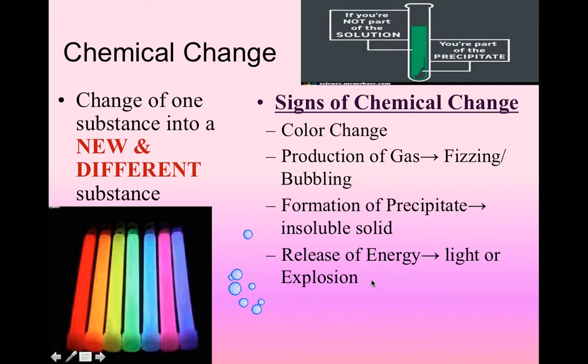Inside there's a little glass tube, and you have to break it. It releases a chemical and produces light. So when you mix things together and it produces light, or heat, or it gets cold, or it explodes, any of those would be a sign of a chemical change.